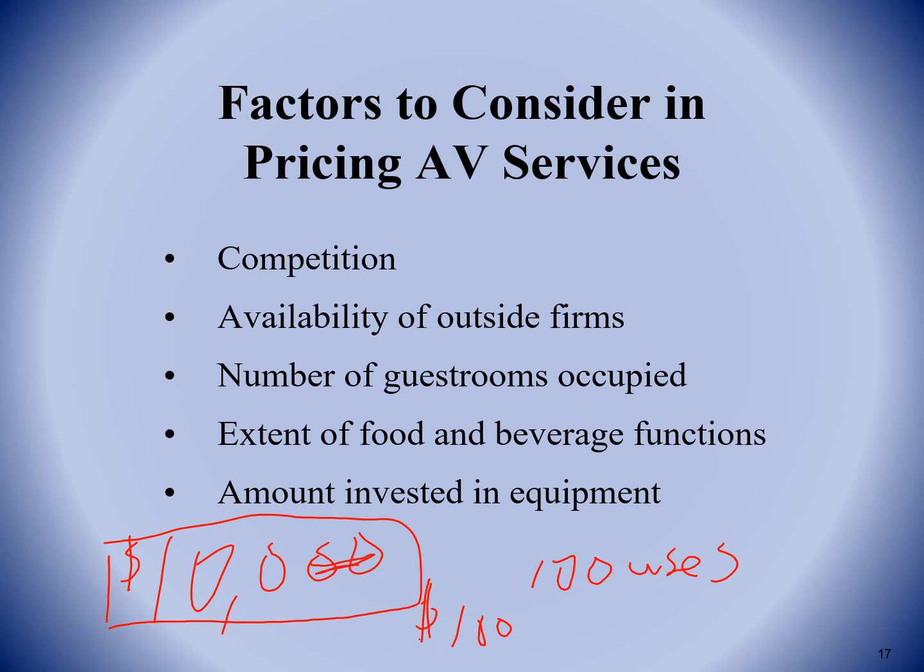And so, if a group needs a projector, or if they need just a microphone, then we can have different pricing based on just what the needs of the customer and the client are.